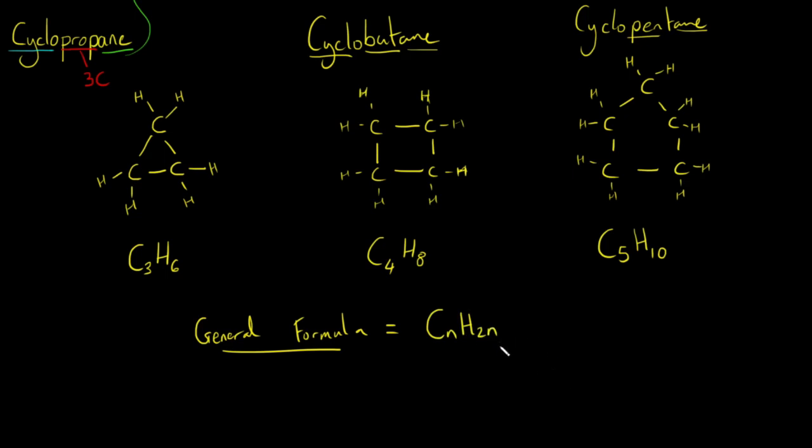Now if you remember the last video, that is the exact same general formula as the alkenes. So this general formula CnH2n applies to the alkenes that we looked at last time, and it applies to our new third homologous series that we've just looked at, the cycloalkanes.